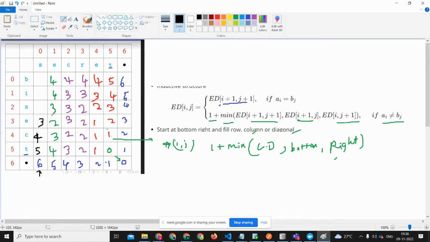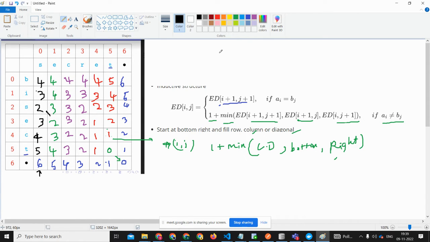If it is matching, we should take the diagonal, 2. Good. Not matching, so if it is not matching we should take 2 plus minimum 1, 3. Good. Then also not matching, so 3 plus 1, 4.